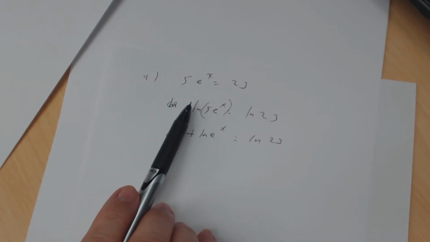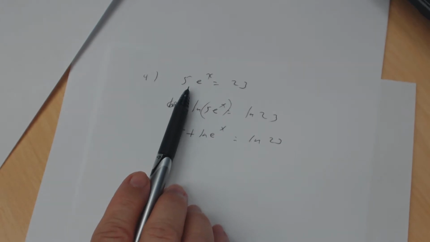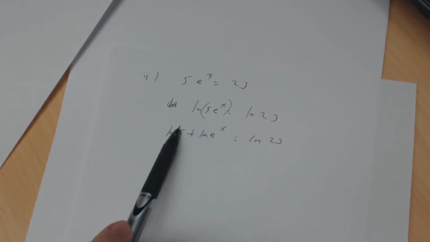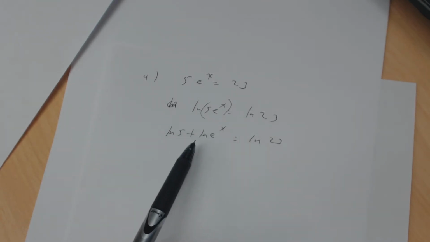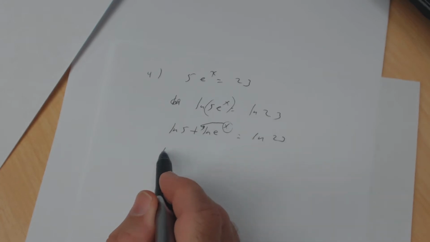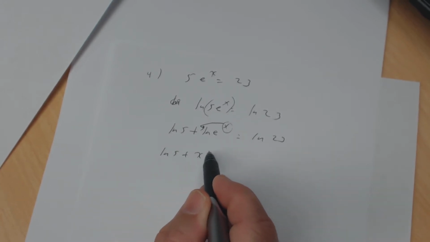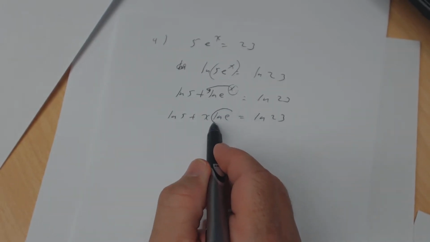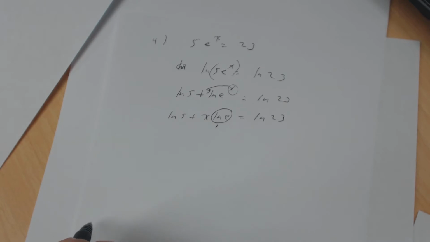All right, now if you leave it as it is, you're going to take the natural log of both sides still, but you have to deal with something a little bit more complicated. Now we can take this variable and rewrite it. So we get the natural log of 5 plus x natural log of e equals the natural log of 23. Now I want you to remember this, the natural log of e is 1.